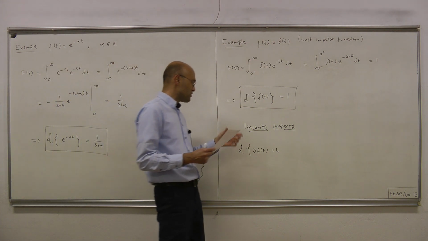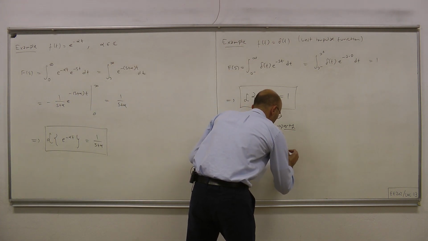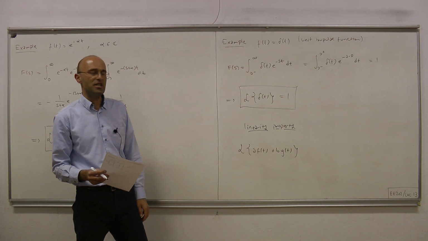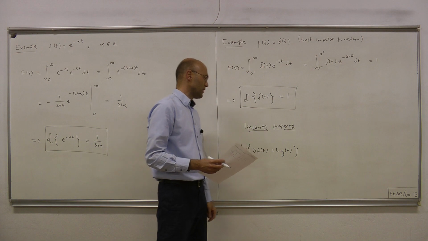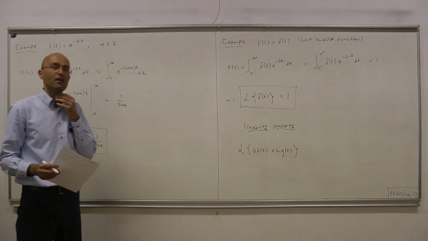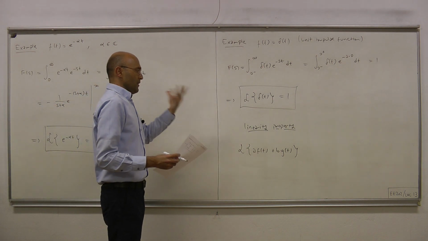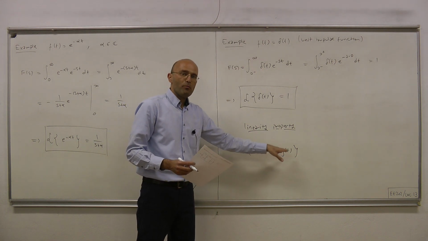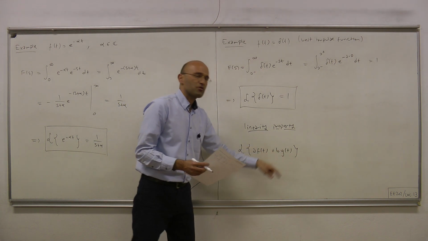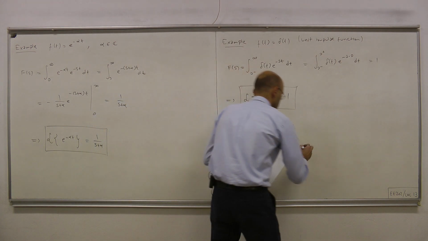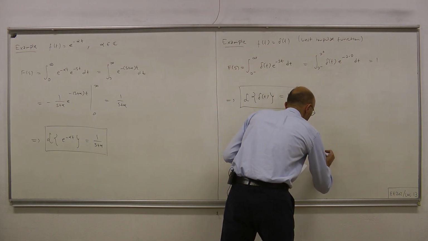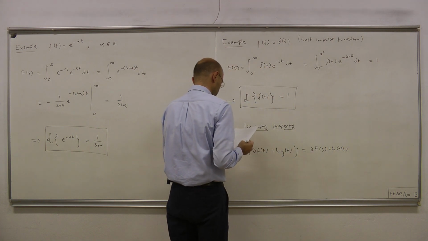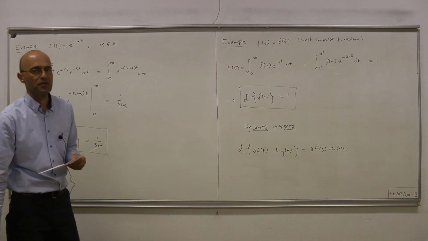And then for a third signal, which is a linear combination of those two signals f and g, namely a f of t plus b g of t, where a and b are constants, the corresponding Laplace transform is simply the linear combination of the individual Laplace transforms. In other words, this equals a F of s plus b G of s, where a, b are constants.